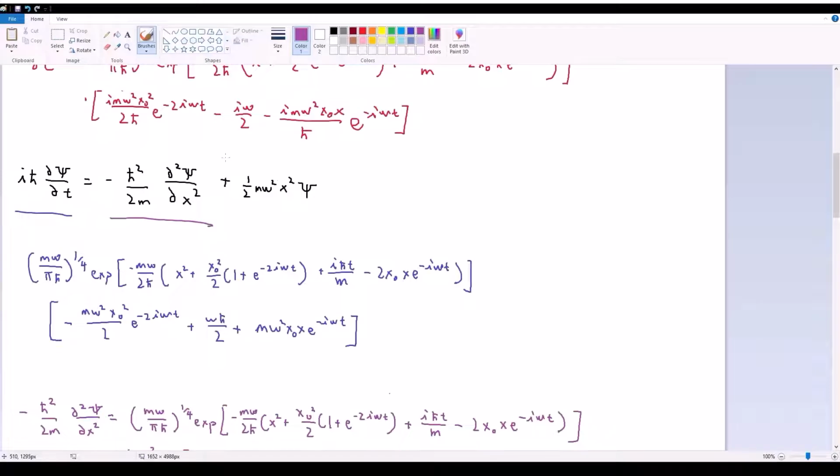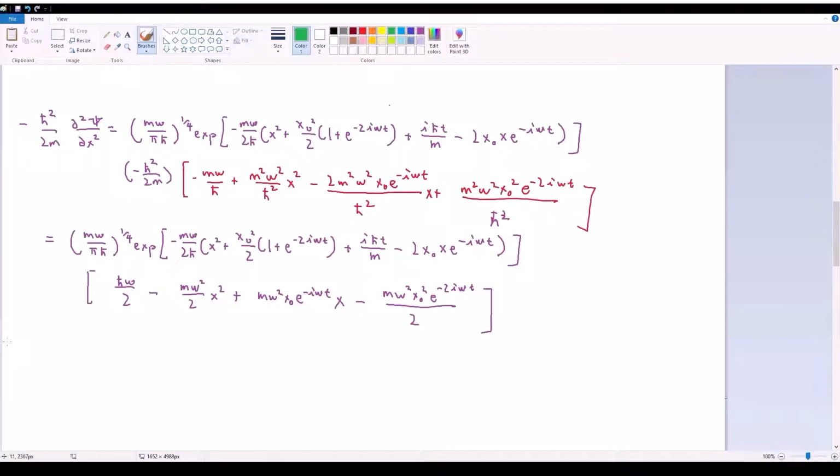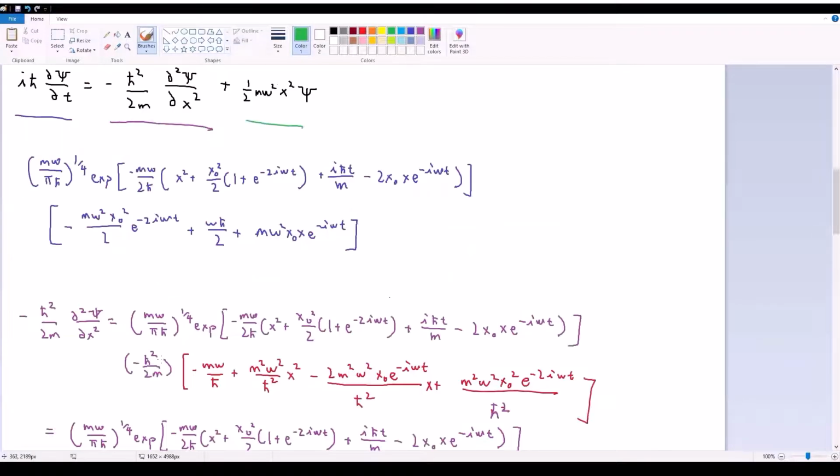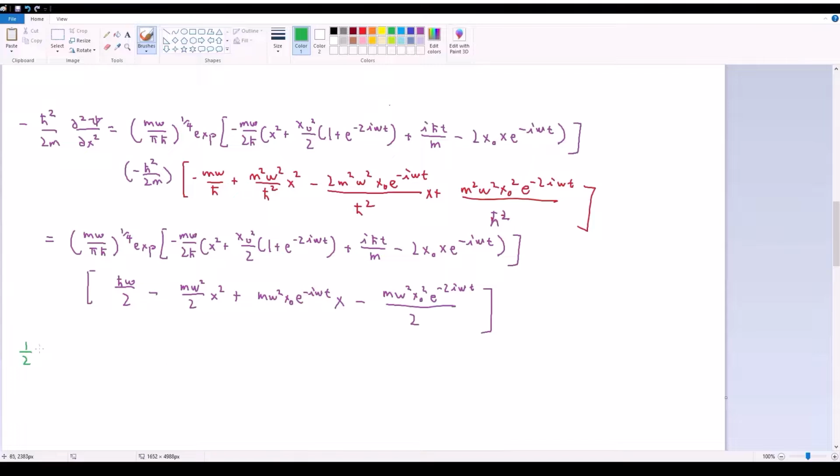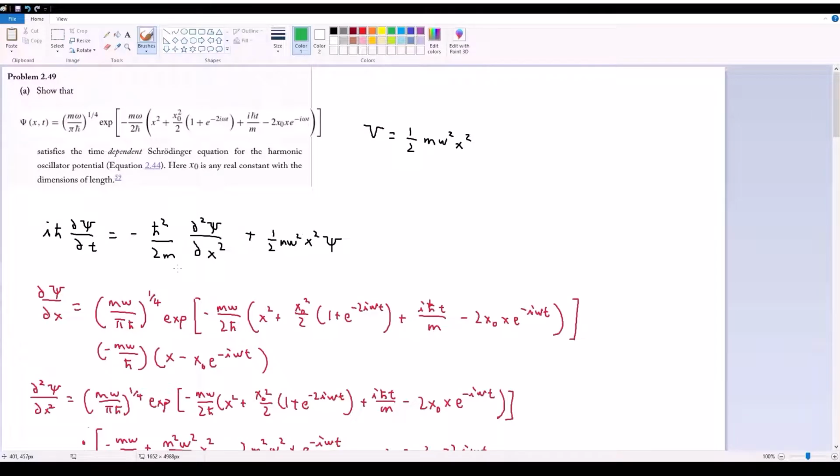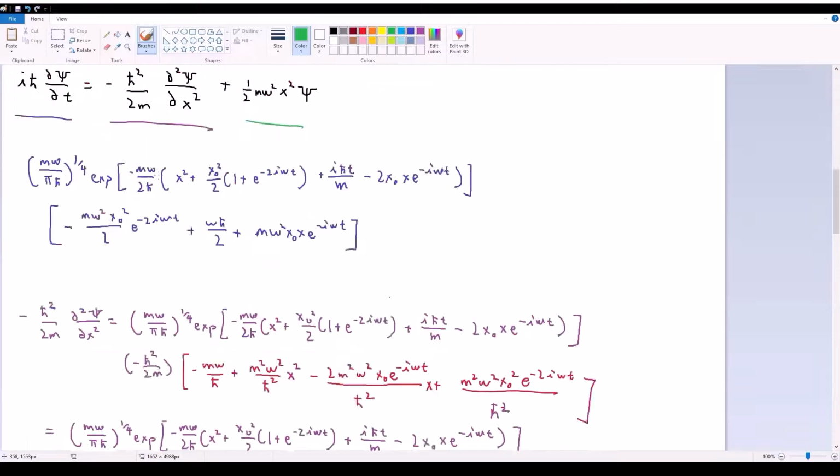Okay, next term, 1/2 m omega squared x squared psi, which let's write in green. So that's going to be 1/2 m omega squared x squared psi, which is going to be equal to the wave function itself multiplied by just that.